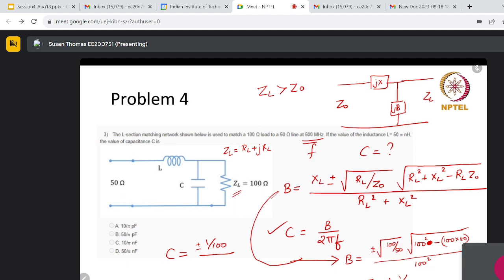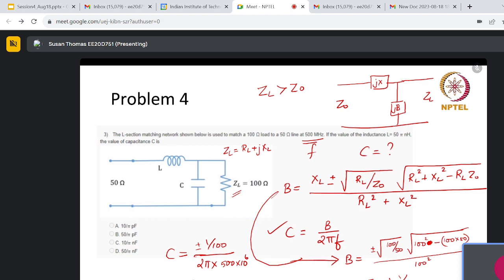So can you find C now? 2 pi into F, you have to use 500 megahertz, 500 into 10 power 6. Can you try finding the final answer? And you can notice that the answers are in terms of pi, so you need not reduce that.